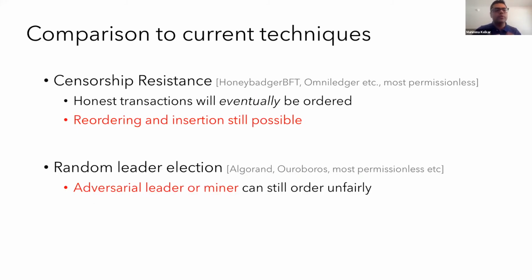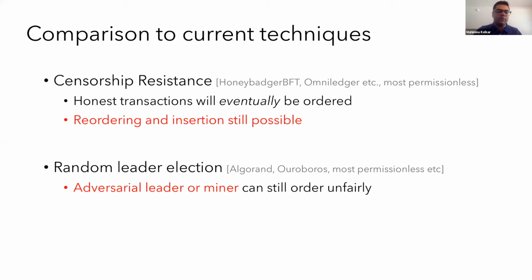So just for a brief comparison to current techniques that restrict what the adversary can do with the ordering, there is censorship resistance, which has been popularized for several decades. Basically it means that honest transactions will eventually be ordered, and a lot of the current permissioned protocols satisfy this, and most permissionless protocols by design also satisfy this, like Ethereum and Bitcoin.